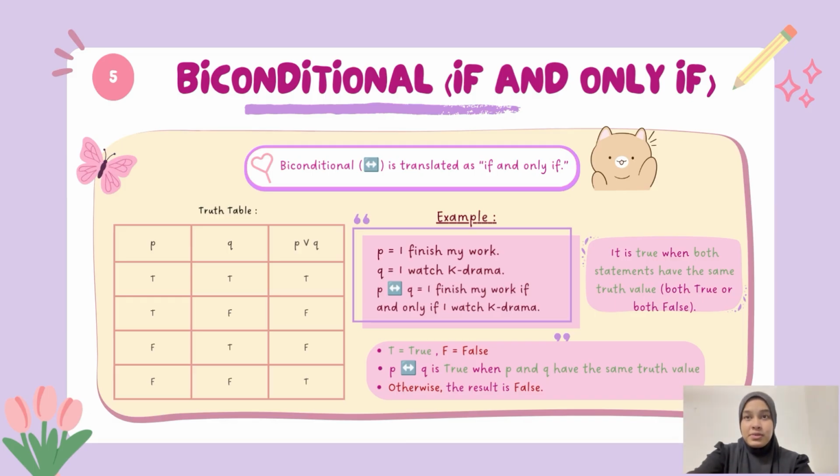The statement P if and only if Q is read as I finish my work if and only if I watch K-drama. Looking at the truth table, when both P and Q are true, the result is true. When both are false, the result is also true because they have the same truth value. However, if one statement is true and the other is false, the result is false. In conclusion, a biconditional is true only when both statements have the same truth value.